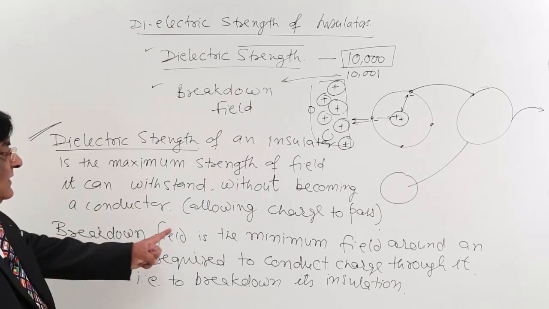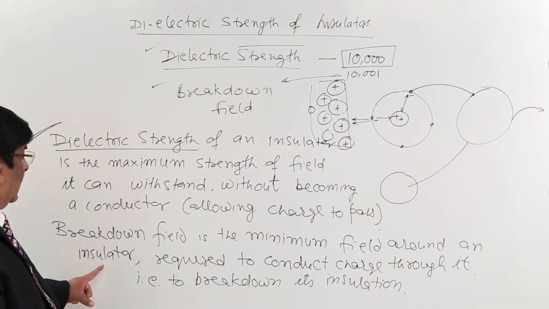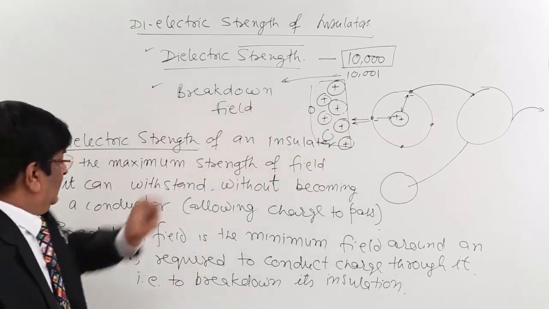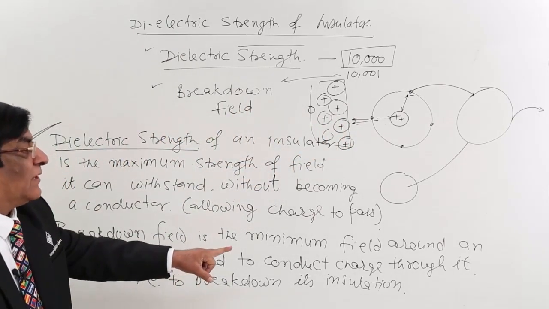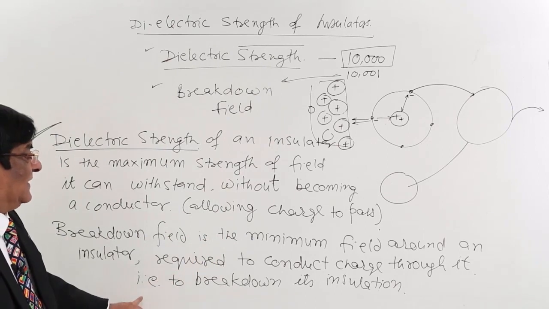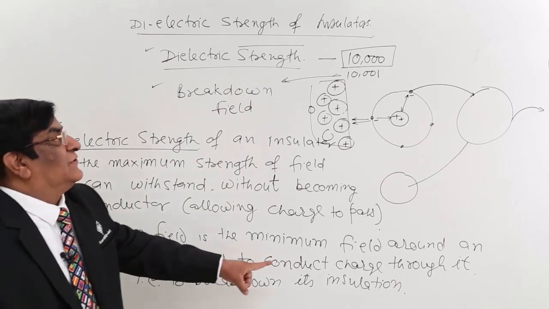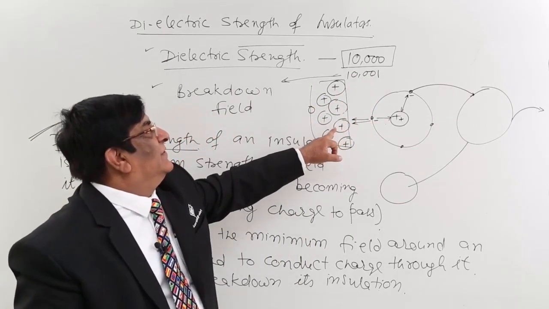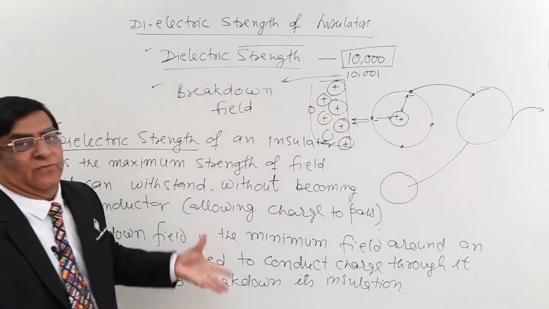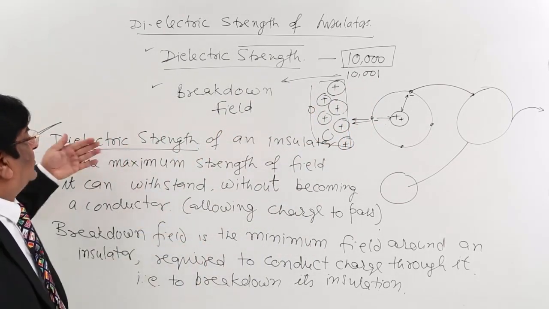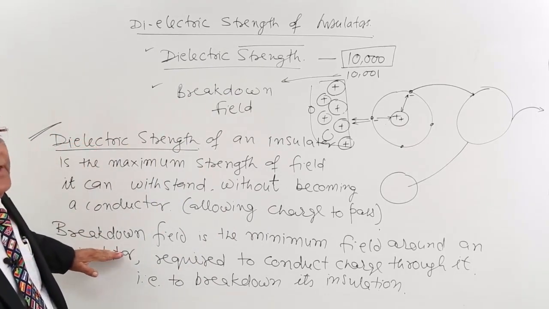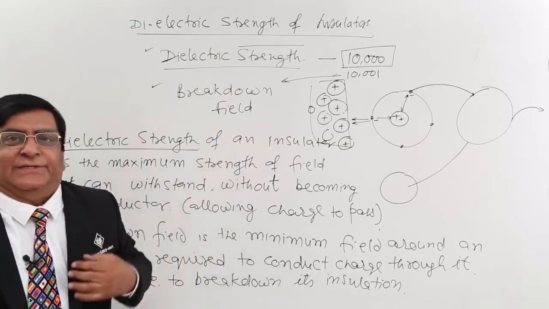The breakdown field is the minimum field around an insulator required to conduct charge through it, that is, to break down its insulation. So the minimum field required to break down its insulation is the breakdown field. These are the two terms: dielectric strength of an insulator and breakdown field for an insulator.